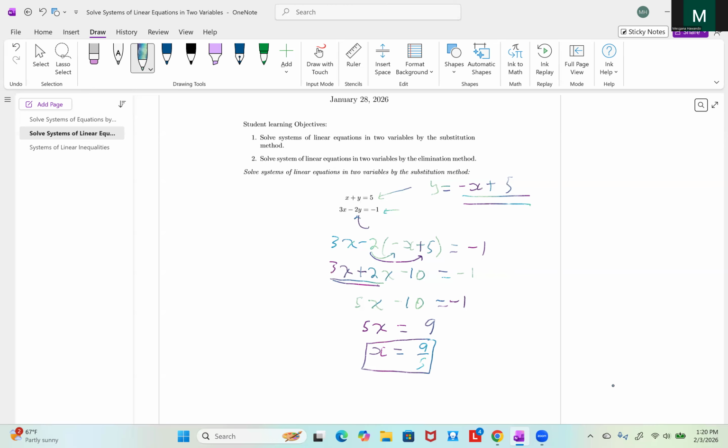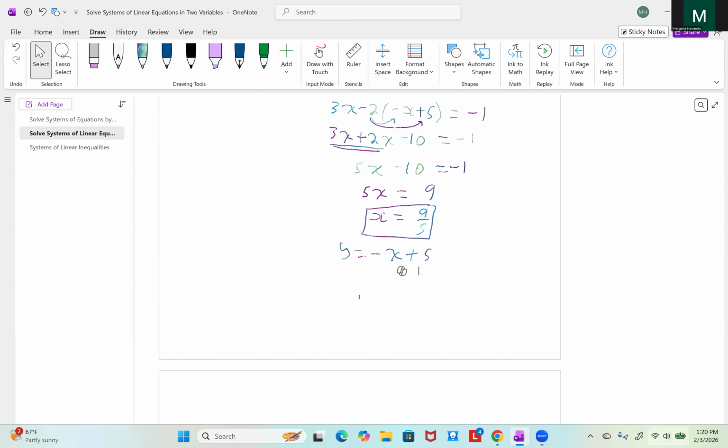So what we do next, we plug in 9 over 5 for x in the equation that we solved for y. So we have y is equal to minus x plus 5, replacing x by 9 over 5, we have minus 9 over 5 plus 5. Now we solve for y. The denominator here is 1. To add, we need to have the same denominator.